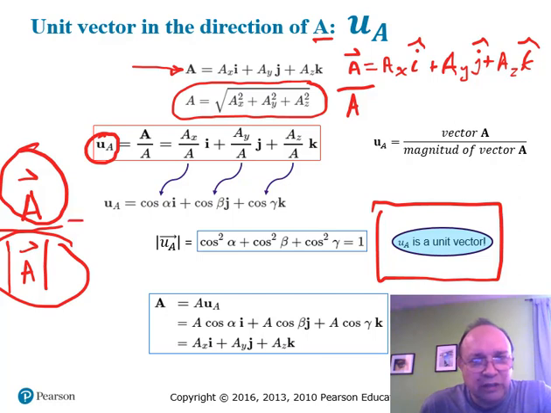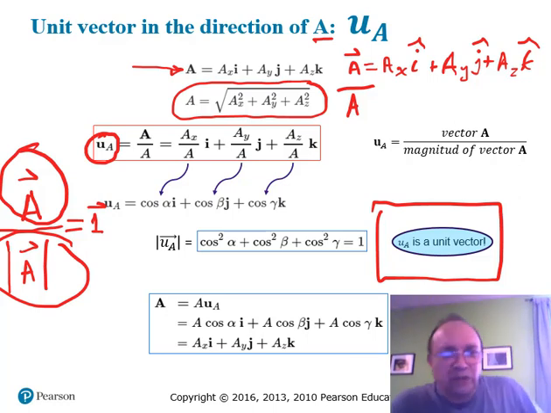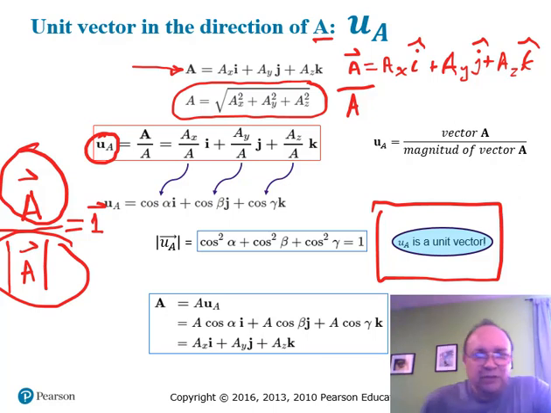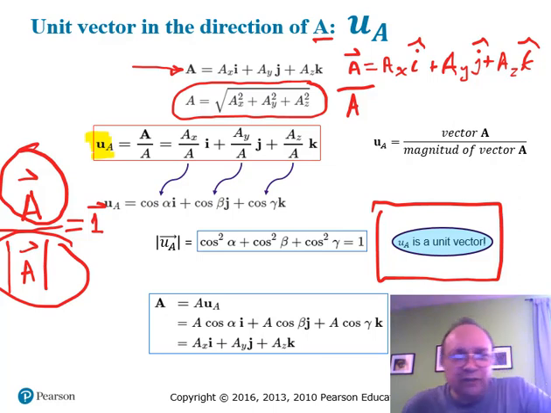So the total operation here is going to give us a magnitude of 1, but I'm going to put a vector because it's a 1 that is going in the same direction as vector A. Actually, that vector is called u sub A, this one right here. This vector u sub A is a vector of a magnitude of 1 and in the same direction as A.